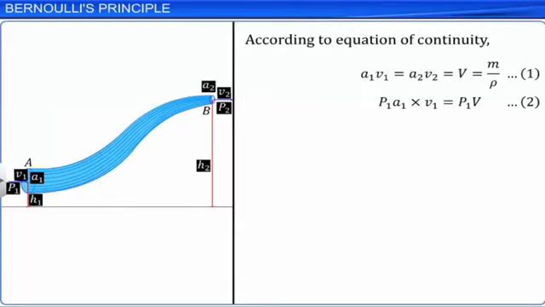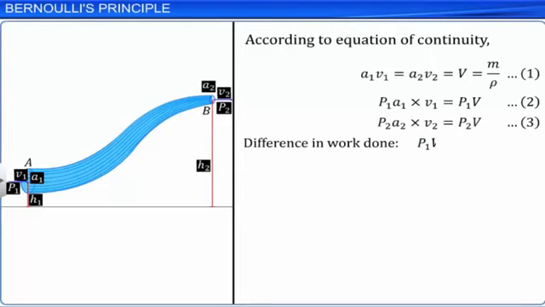Similarly, the work done per second on the liquid element against the force due to pressure at B is expressed as P2A2 into V2, which is equal to P2V. Let this be equation 3. The difference in the work done on the liquid element in moving from A to B is expressed as P1V minus P2V.